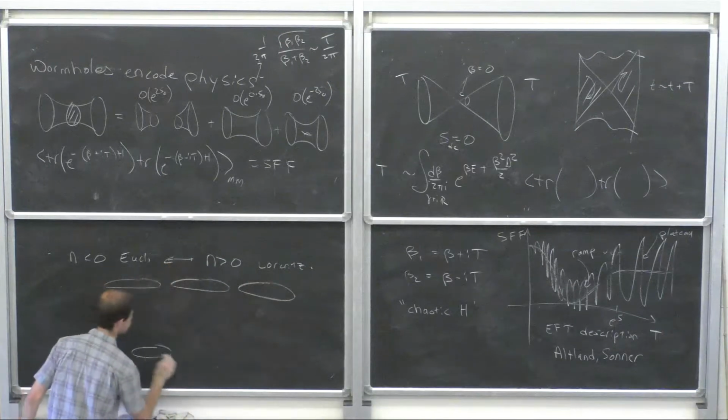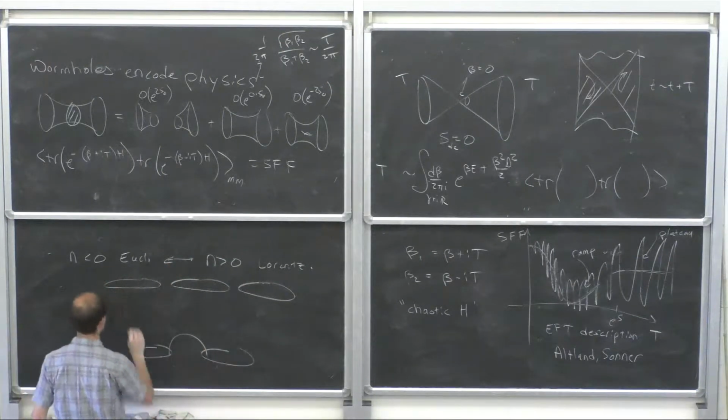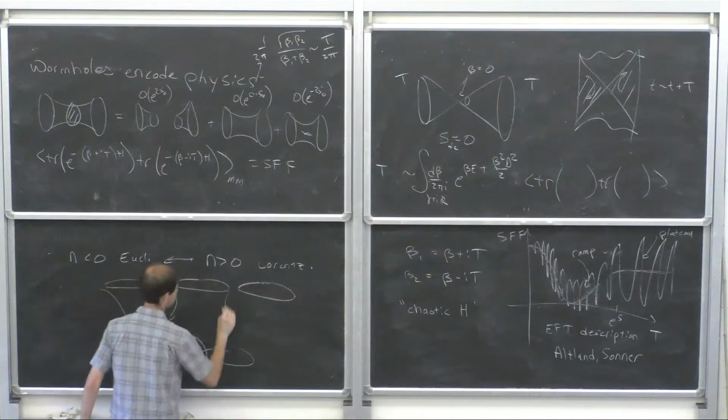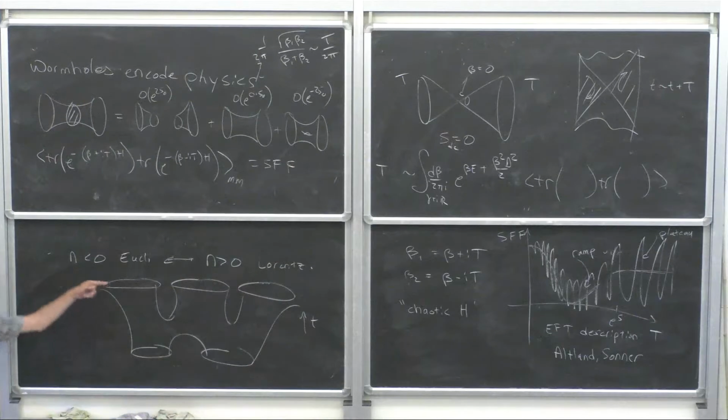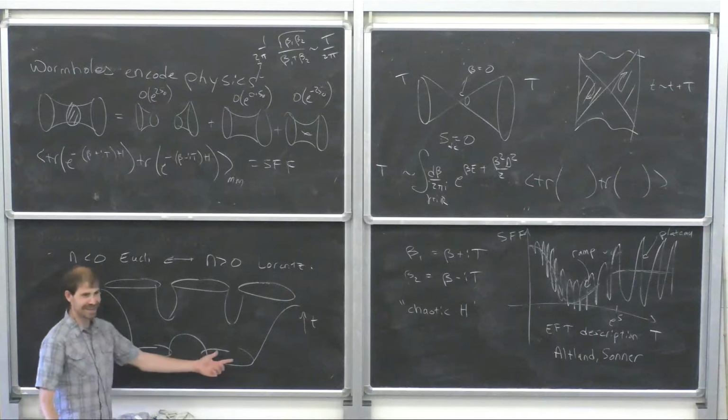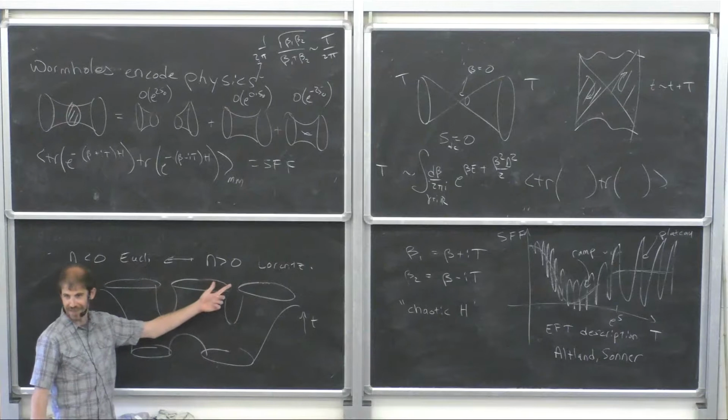Things like this. Where now time is running up, and these are asymptotically de Sitter regions. And in this case, there's no problem. You prepare initial conditions, you don't expect the universe to just end in thin air, it's going to keep going.